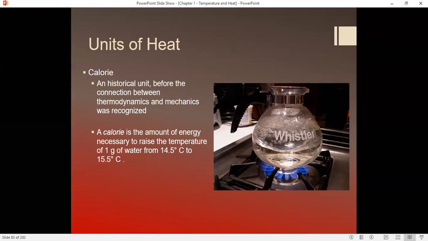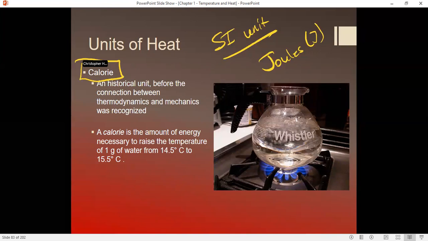Okay, units of heat. Well, the SI units of heat, of course, since heat is energy, have to be joules, okay? But there are other units in the metric system that we also recognize. A non-SI unit is the calorie.